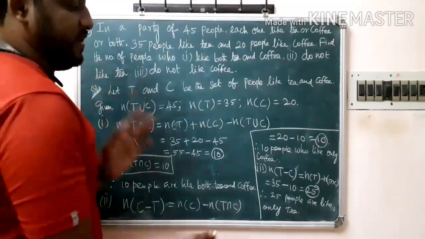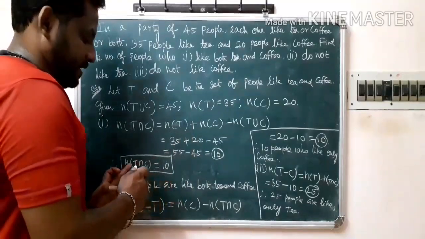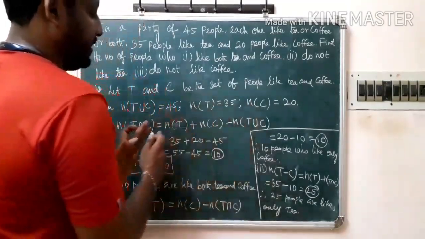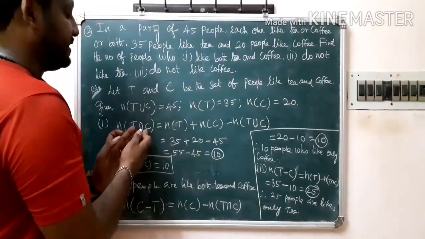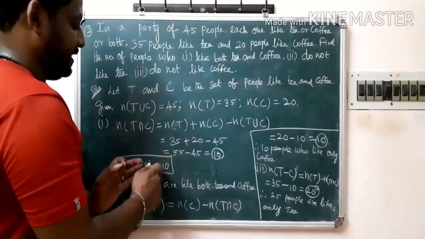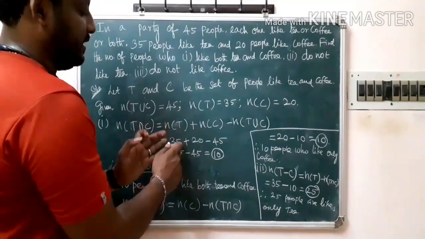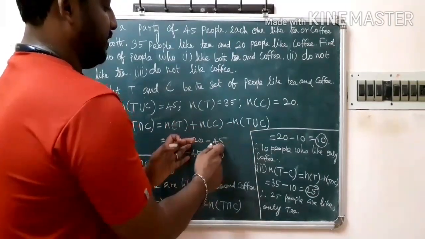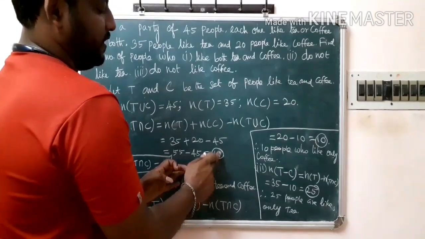So now we can check our answer. You just substitute in the above formula. First, what is the T intersection C? We know that it is 10. And n of T is 35, and n of C is 20, and n of T union C is 45.